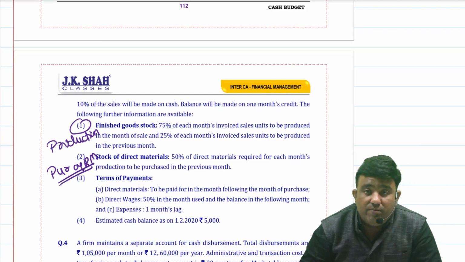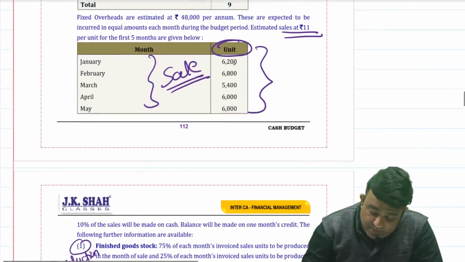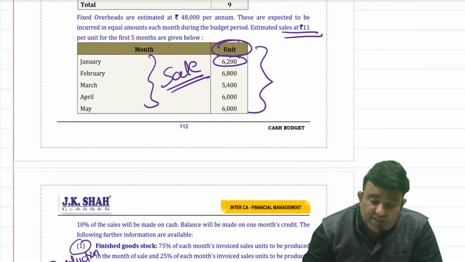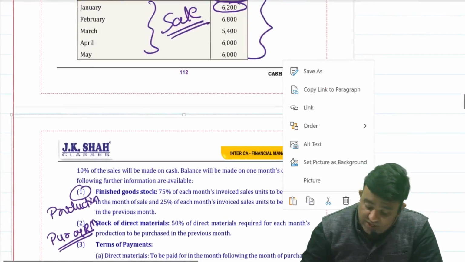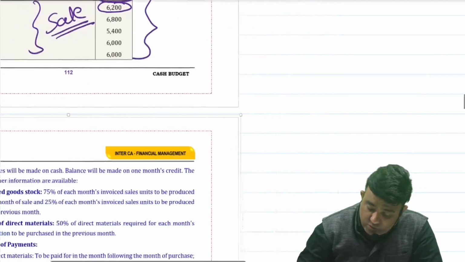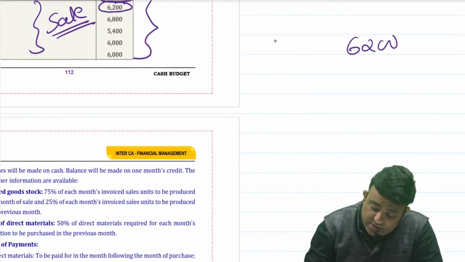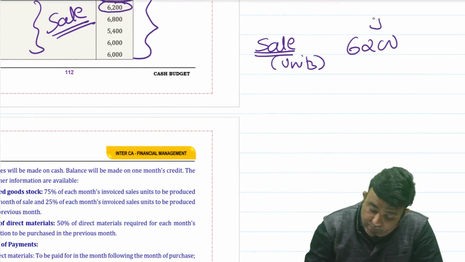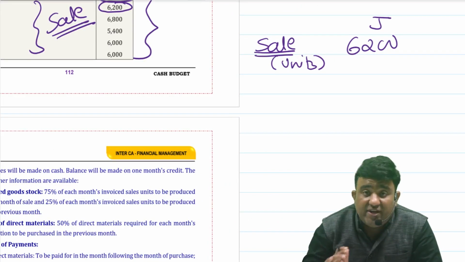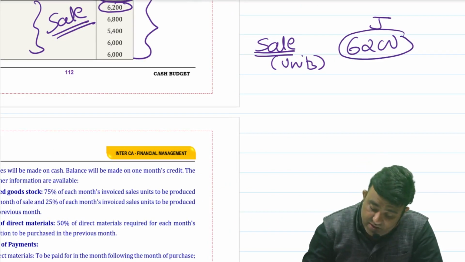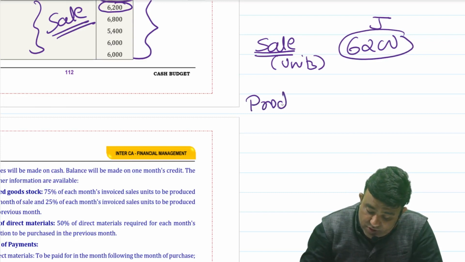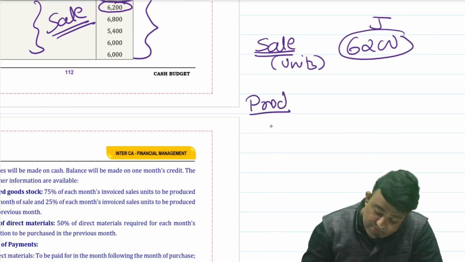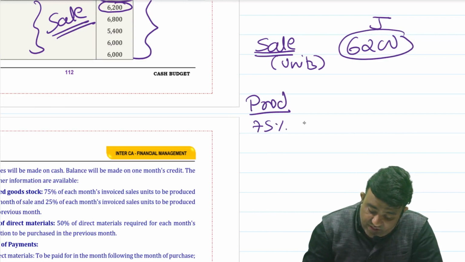How does it work? So yes, the January sale is 6200. Now for achieving that January sale of 6200, students, this is the sale units of January. 75% of this will be produced in the same month, January.